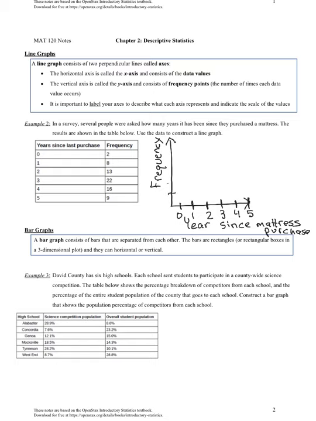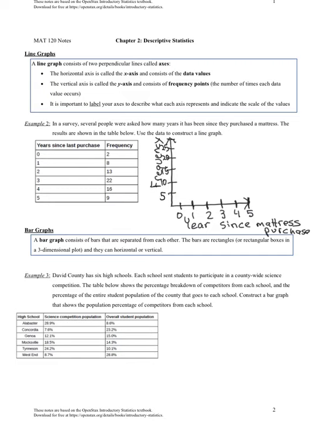But each graph can be different, so sometimes there's a little flexibility on how we label our axis and our increments. Since this is the frequency, we'll notice that our frequency goes from 2 to 22. So we'll want to make sure that our y-axis contains all the numbers from 2 to 22.